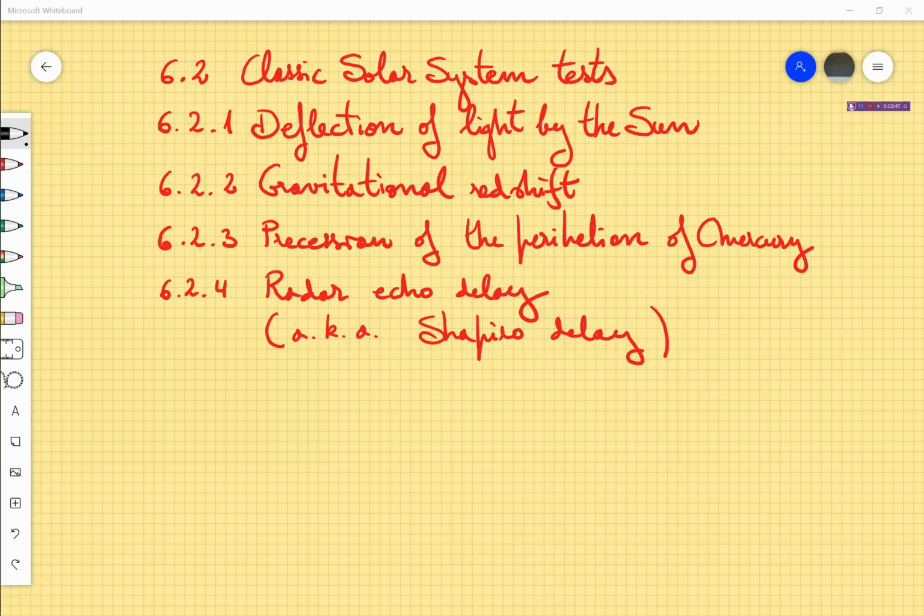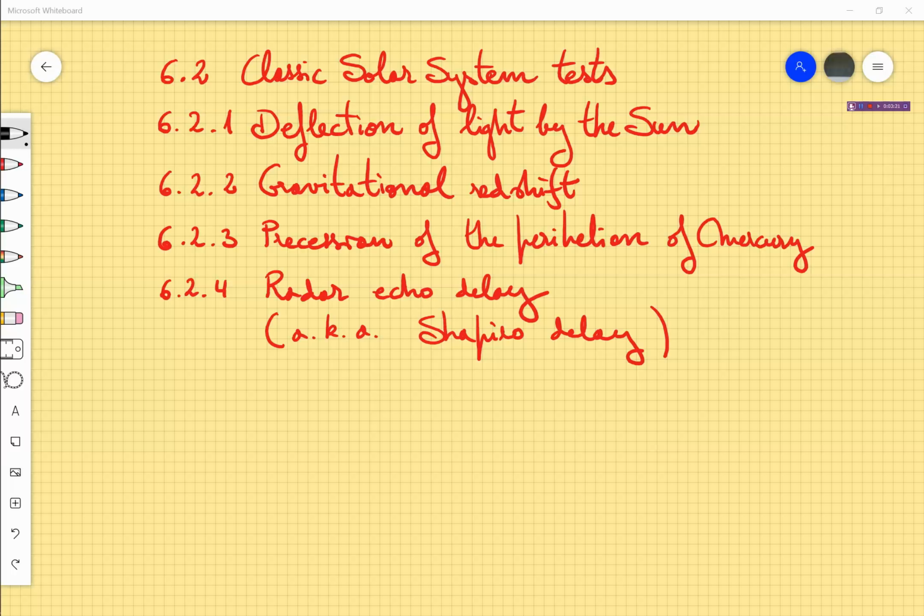And then, since in the program a bit later we are going to study this parameterized post-Newtonian formalism, which is adapted to weak fields and low speeds, we can recover all these effects in that formalism, which is much better, because it includes not just general relativity but any other theory in the same class.